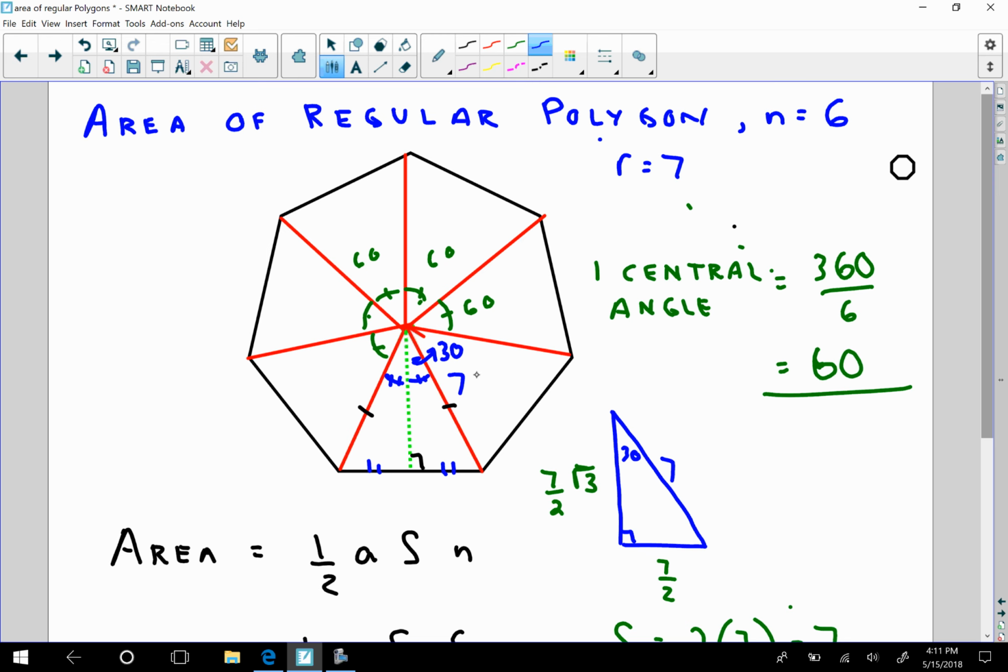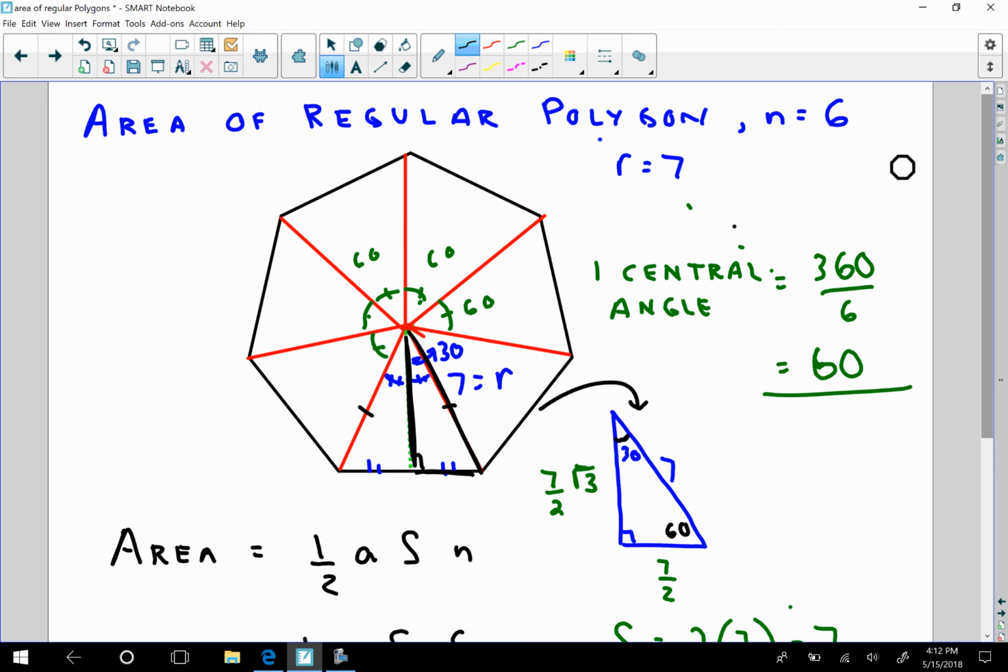And I know that the radius, I was given that the radius was 7, so I'm going to pull this triangle out of the diagram. Place that right here. And I'm going to use the fact that this angle is 30. Oh, if that's 30 and this is 90, this has to be 60.